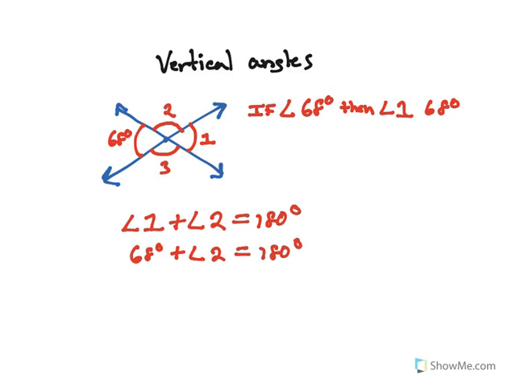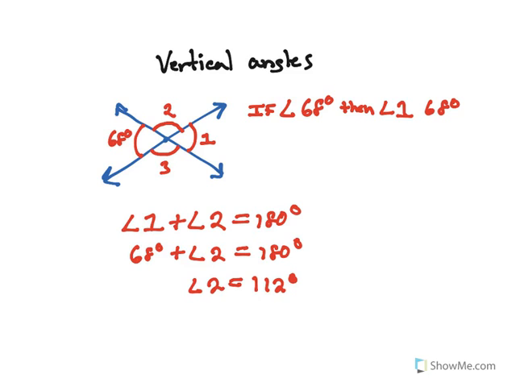Now we can solve this algebraically for angle 2. Think of angle 2 as x, a missing variable we want to solve for. We need to get angle 2 by itself, so we subtract 68 from both sides: 180 minus 68 is 112 degrees. So angle 2 is 112.